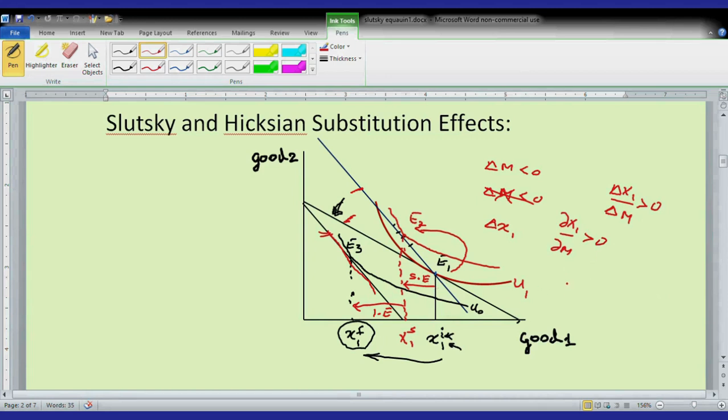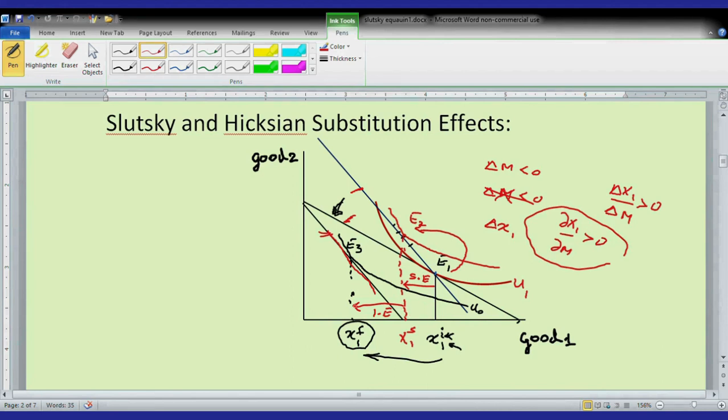This is then saying that in the case of a normal good, because this is how we define the normal good, both income and substitution effect imply that the consumption of good one decreases, and whenever this is the case, we know that the demand for good one will be decreasing unambiguously. Partly the decrease in the demand for good one is because of the substitution effect.